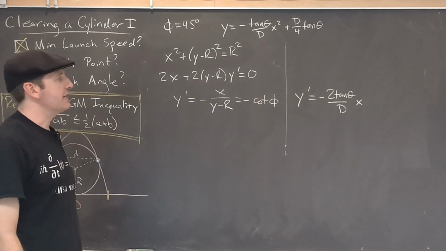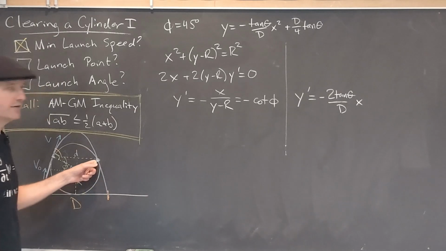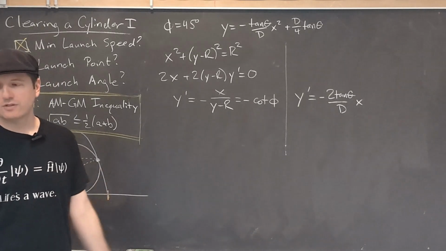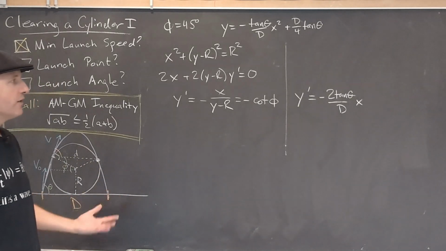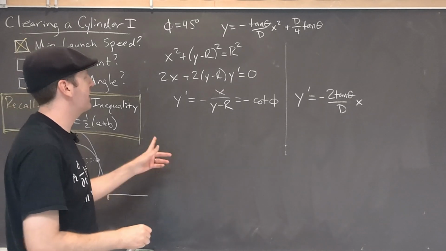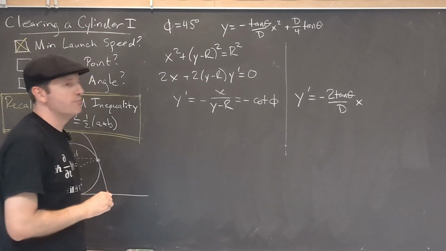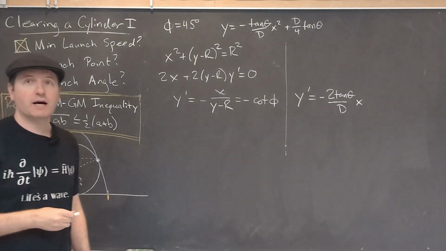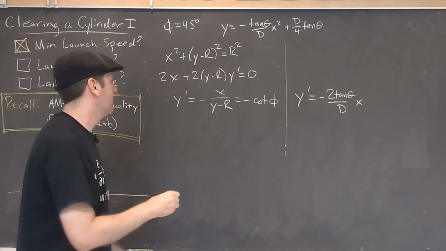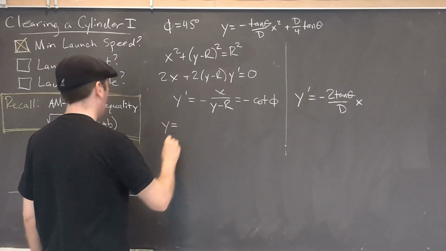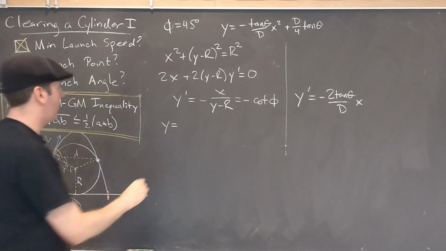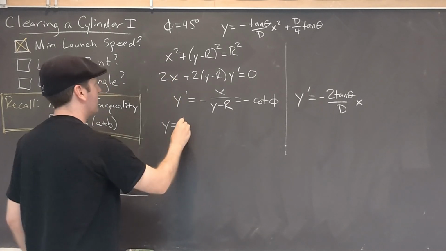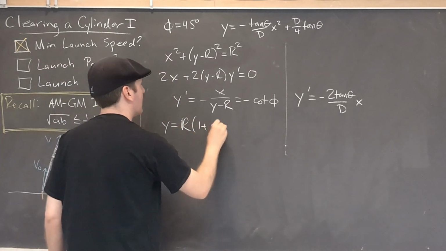So these two have to be equal to each other at this point of tangency. Of course, not only do the slopes have to be equal, but the actual values have to be equal as well. So let's write that also. At these 2 points, I know that the y-coordinate of my projectile will just be what? R times, it's the h that we had earlier. So it's r times 1 plus sine phi.